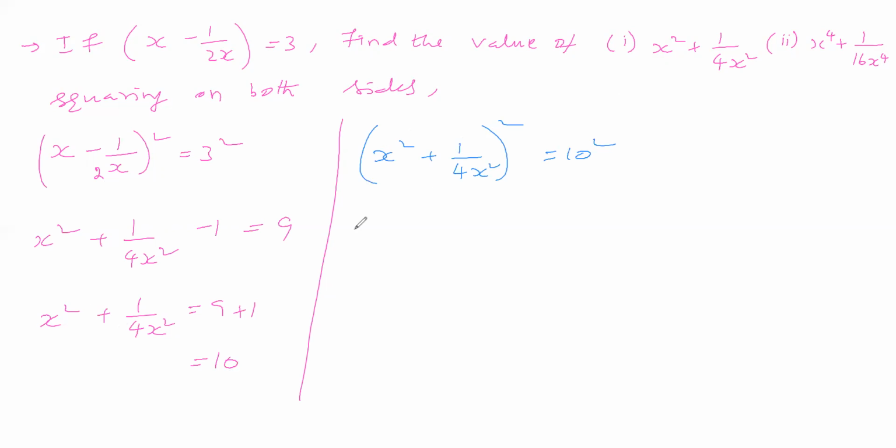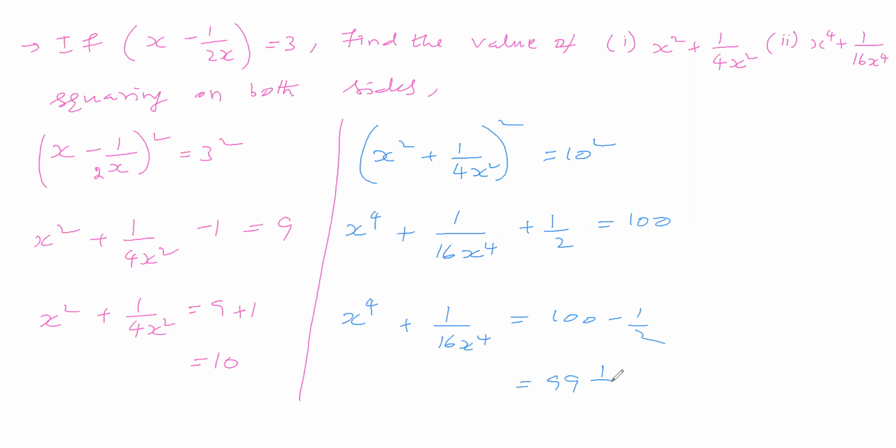Square this one, x power 4; square this one, 1 by 16 x power 4; multiply these two with 2, so we will get plus 1 by 2 equal to 100. Therefore, x power 4 plus 1 by 16 x power 4 is equal to 100 minus 1 by 2, which is equal to 99 1 by 2. Okay, 99.5 we will get. So we'll go to the next question.